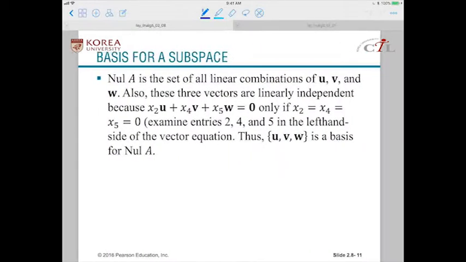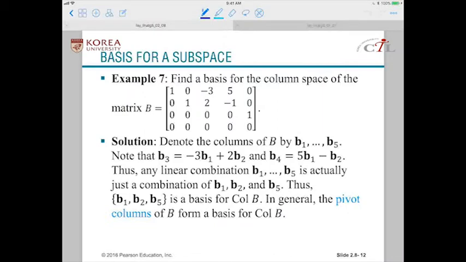Now let's think about the basis for our column space, which is much easier. Okay, so in this particular example, we are given a matrix that is already in a reduced echelon form, because we have pivots over here which are all ones, right? And then lower and upper entries are all zeros.